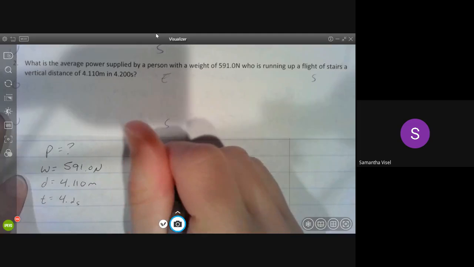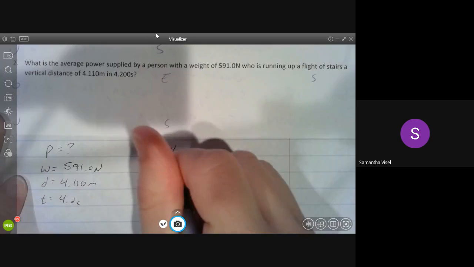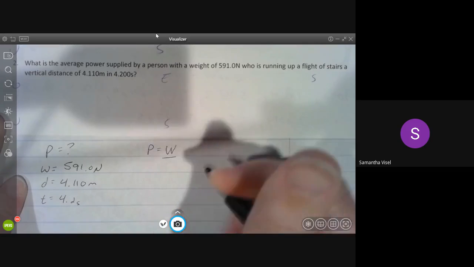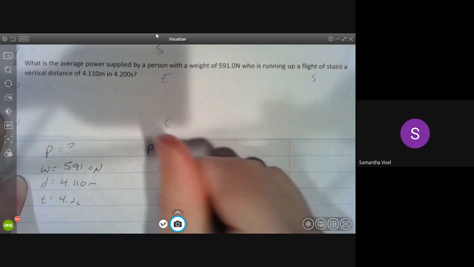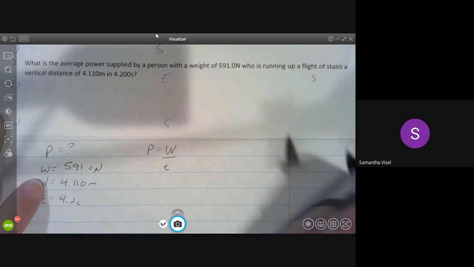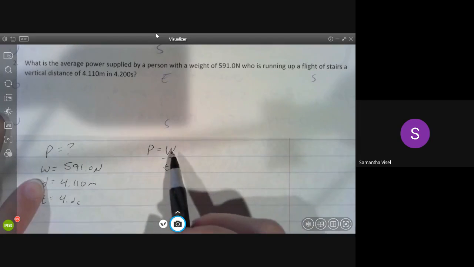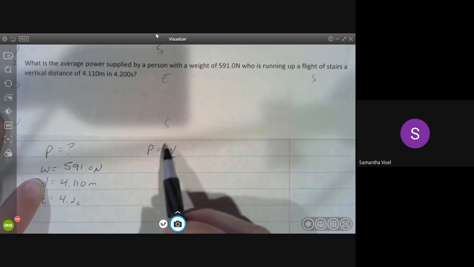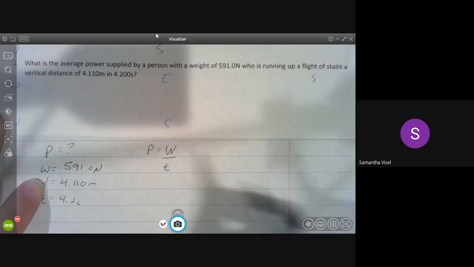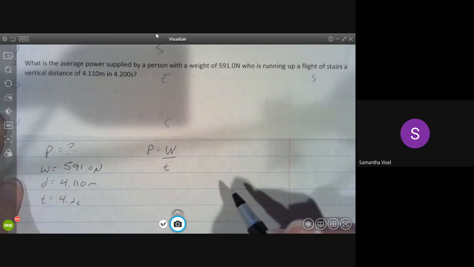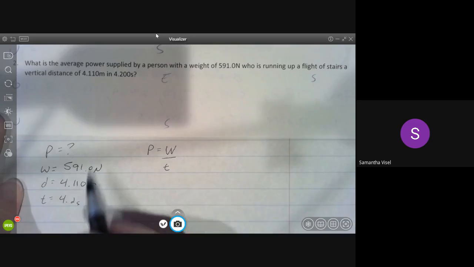So my power equation is work, not weight, over time. So I can't use this W to go up here, because this W stands for work and this w here stands for weight. So I have time, but I don't have the value for work yet.